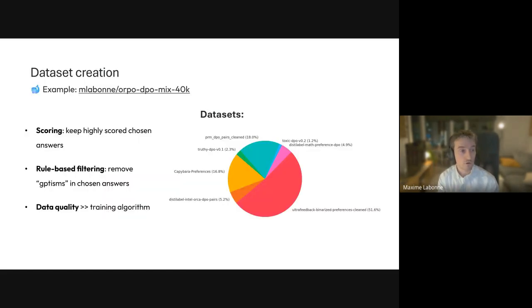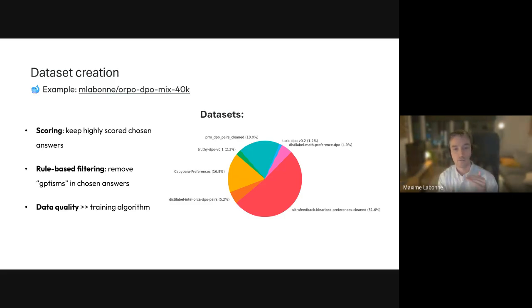Here's another example of datasets that I've made on the open source side. This also uses a lot of other open source datasets that were filtered. For example, I only kept the highly scored chosen answers because you do not want to train on chosen answers that are still very bad. I used some rule-based filtering to remove bad samples that do not sound very human in the chosen answers.